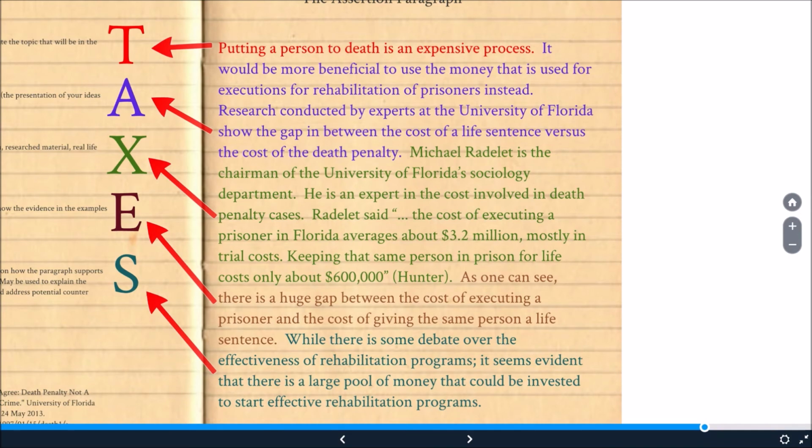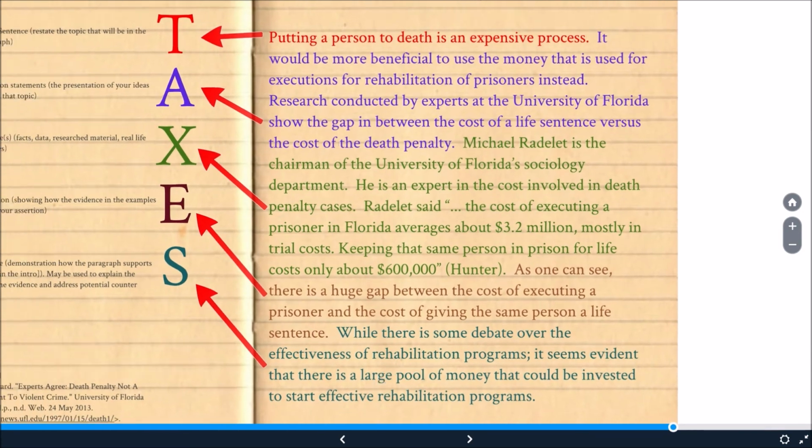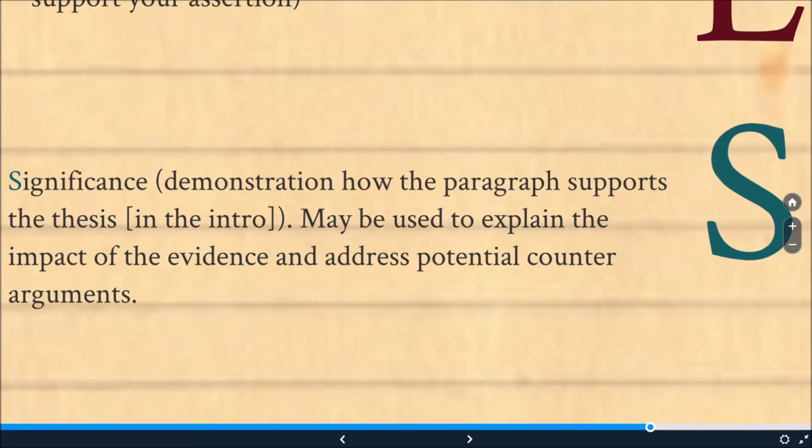And that money that's in that gap could be used to rehabilitate people if you started a rehabilitation program. Again, why does that need to be there? When you take a look at it and it's this significance section, this is what makes it important. If it doesn't matter, and I don't explain why it matters, then it's not going to be convincing.